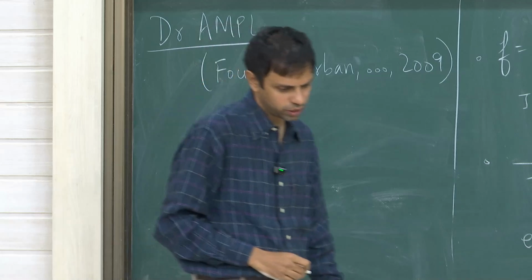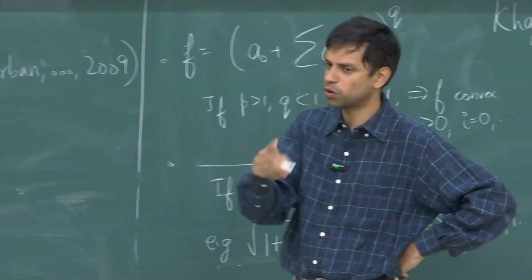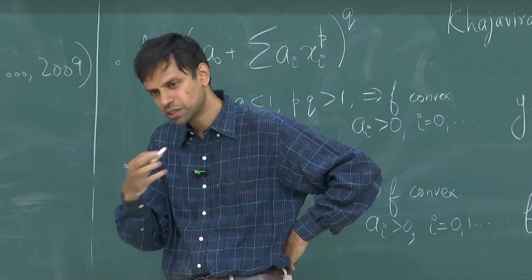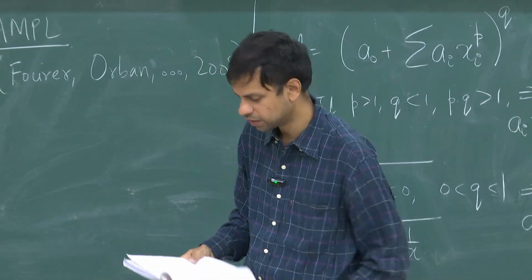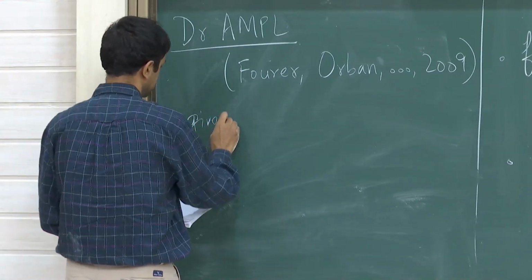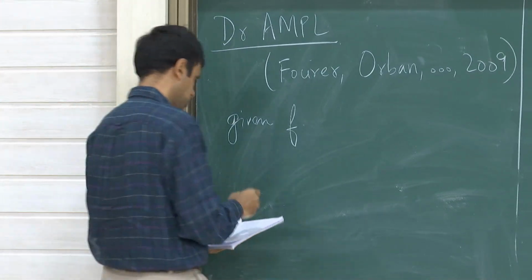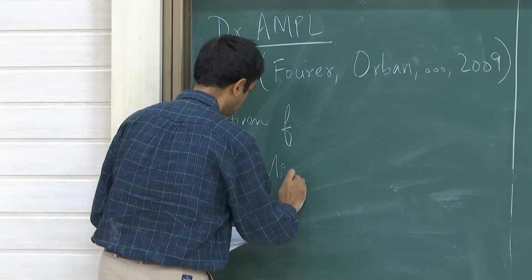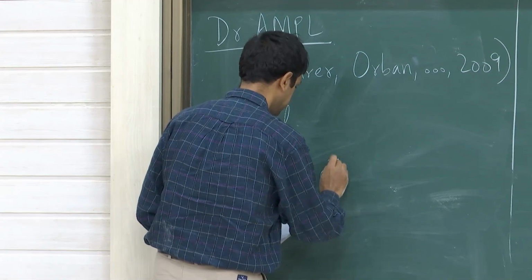A small shortcut they propose for checking non-convexity is, rather than trying to find positive semi-definiteness of the Hessian matrix, given some f, you try to solve a trust region problem of the following form: g transpose d plus a quadratic term in d.